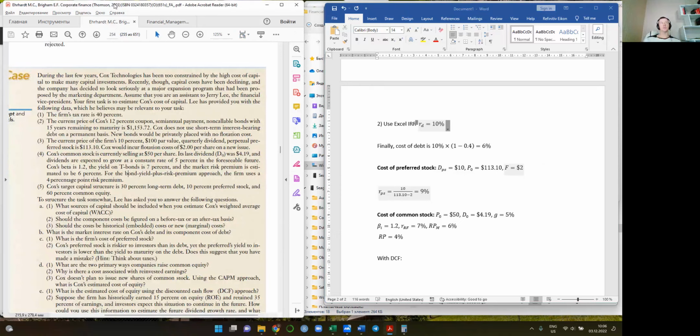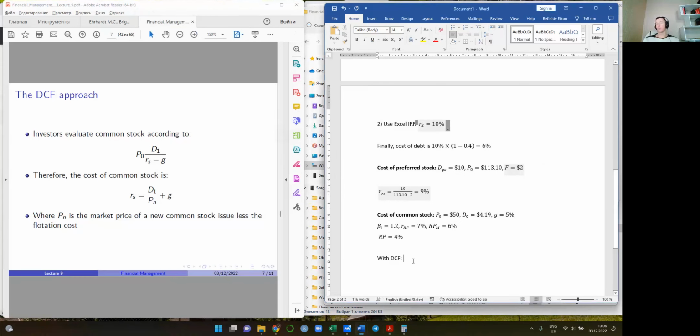There is nothing about it. Okay, so then we can probably forget about flotation cost here. RS with DCF is D1 divided by P0 plus g. So what is D1?